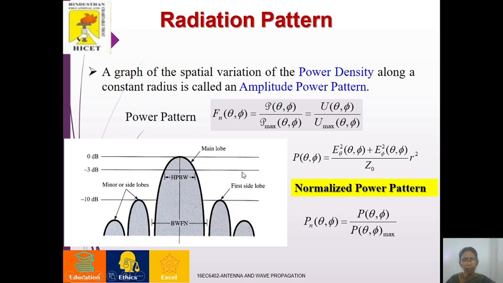In amplitude power pattern, you will have a graph of spatial variation of the power density along a constant radius. In two-dimensional view, it contains a main lobe followed by side lobes on either side with respect to the main lobe. The amplitude power pattern can be represented in normalized form as Pn(theta, phi) = P(theta, phi) divided by P(theta, phi) max.